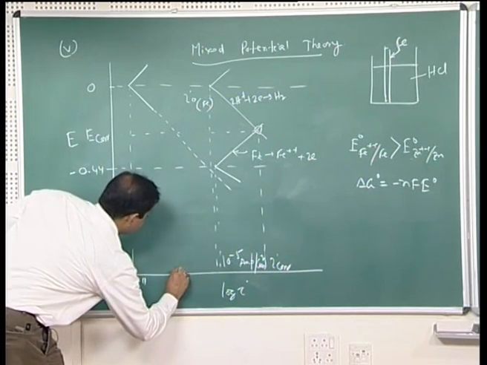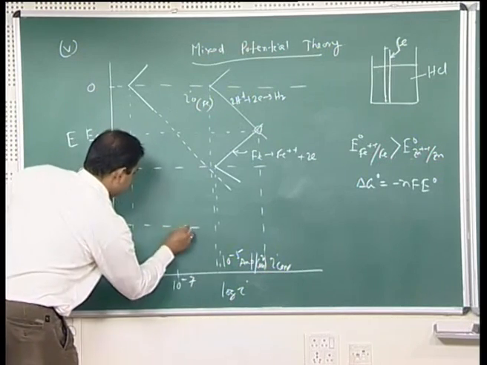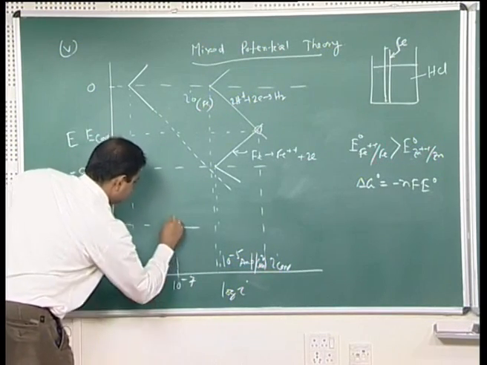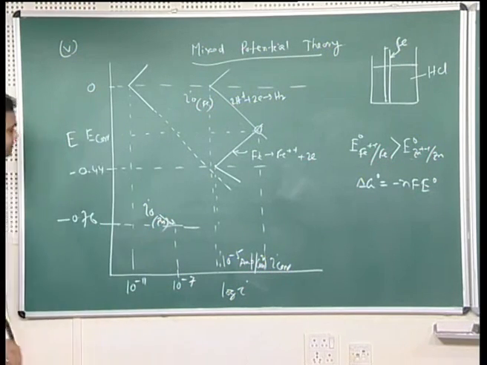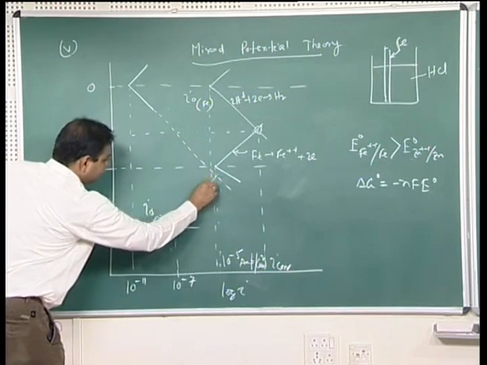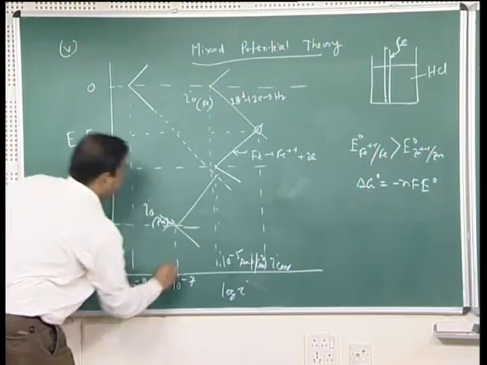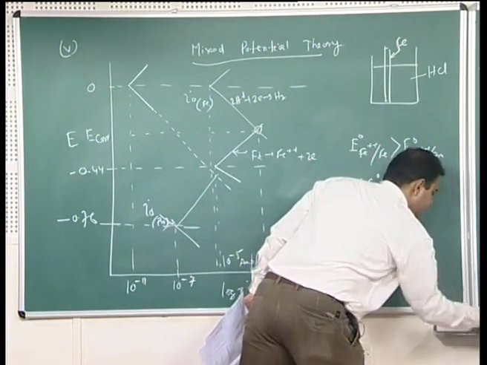Let us say this is my 10 to the minus 7. So, and this is my I0 for zinc on zinc surface, and this would go like this. Fine. So, let me connect it with a different color.